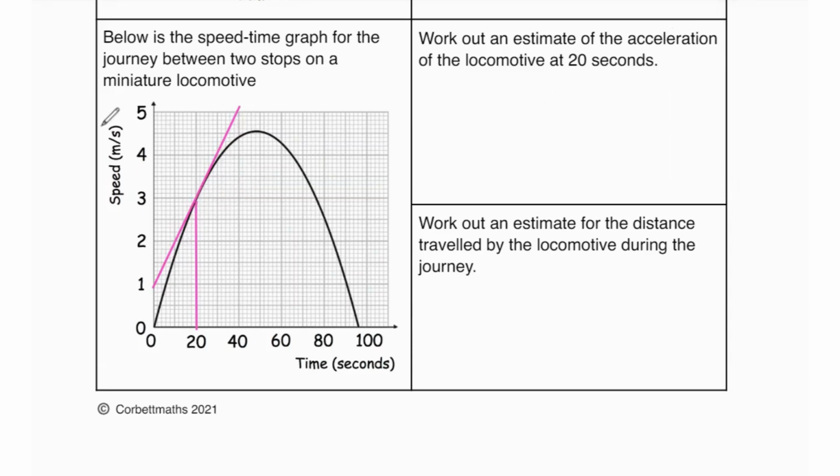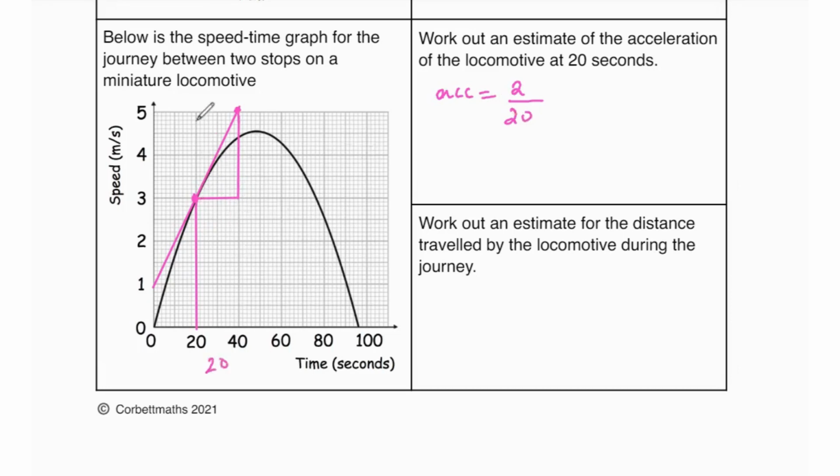So I will pick one point over here and the next point over here, so you can easily find rise over run. Rise is 2. So acceleration is going to be 2 over run is 20, because you find the difference of 40 and 20, that's 20.